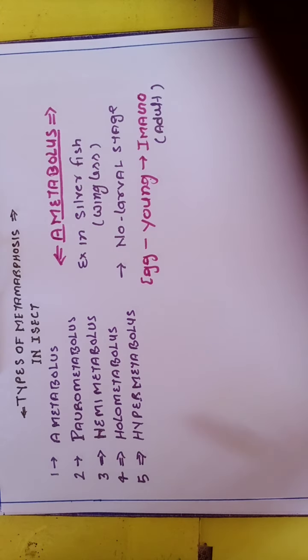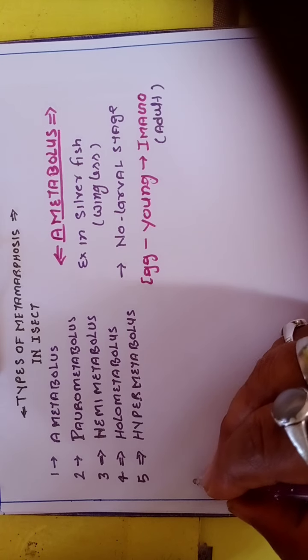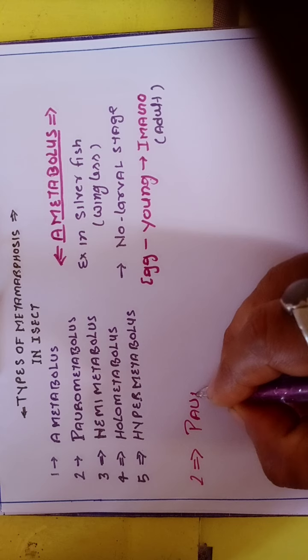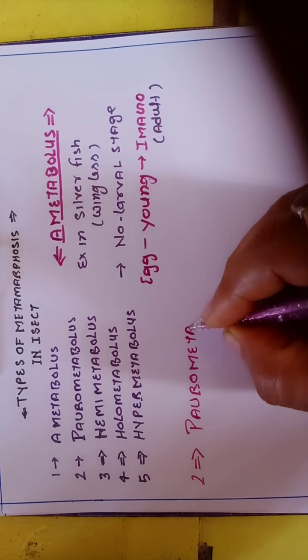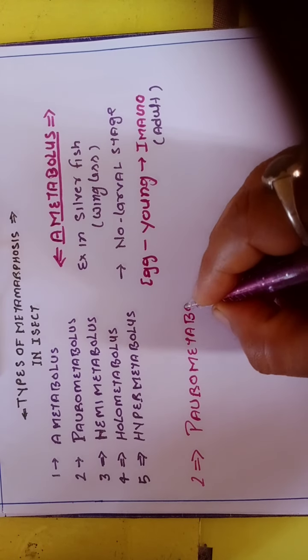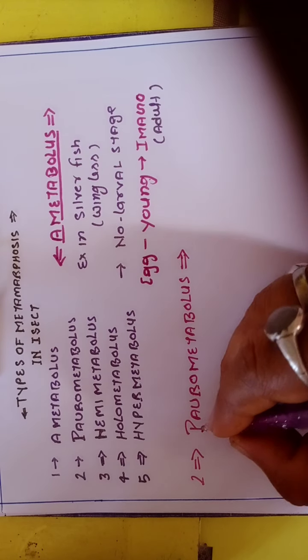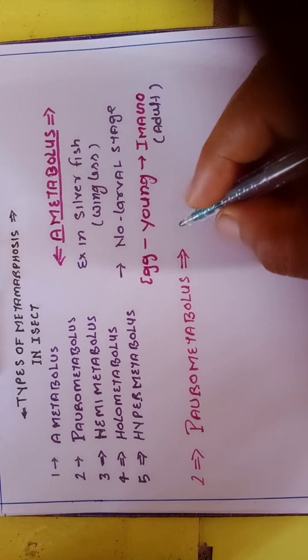Okay, now the second type of metamorphosis is known as pleurometabolous. It is also known as gradual metamorphosis.